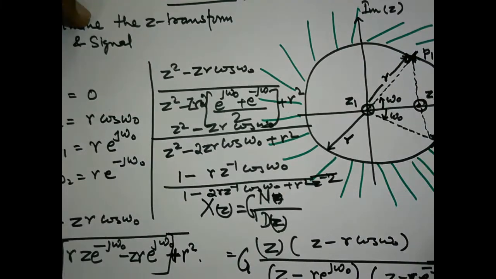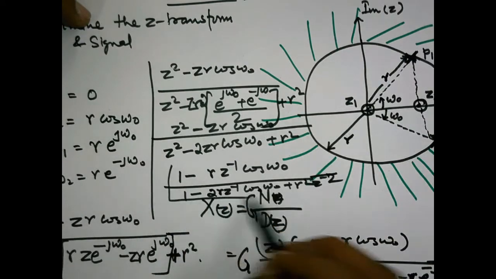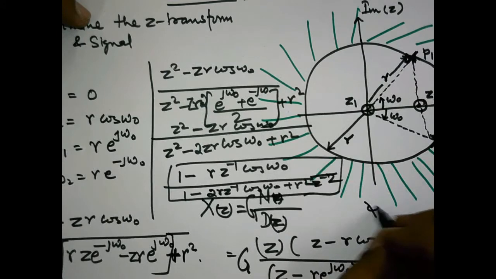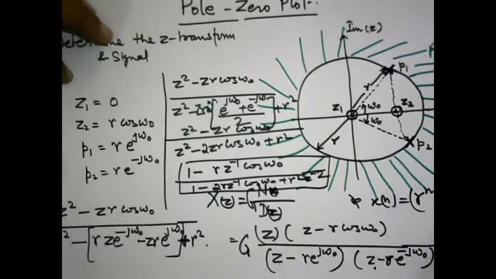By solving this expression, we can reach this value, and this will give us the signal x[n] = r^n cos(ω0 n) u[n].